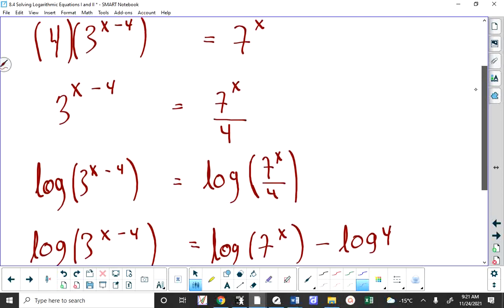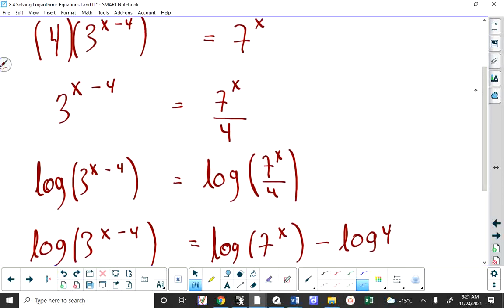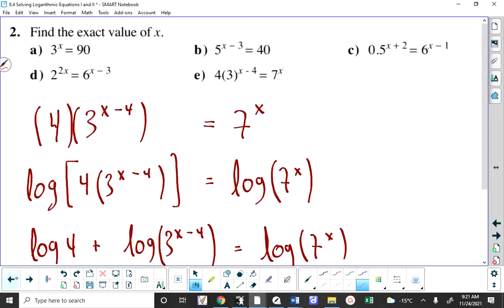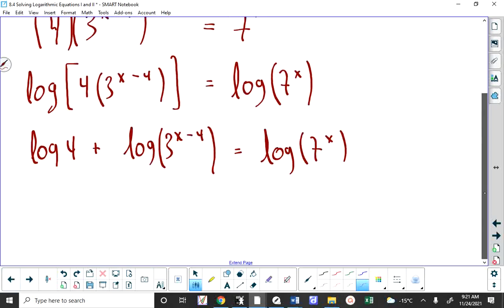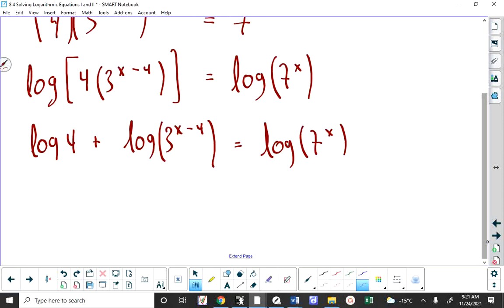And that's what would happen if you took that and divided by 4 first. You would get what's on the right-hand screen. If you don't divide by 4 first, you get what's on the left-hand screen. But I hope you can see that these two things are equivalent. You know, we could just subtract the log 4. Anyway, I'm going to go with the initial thing that we did.